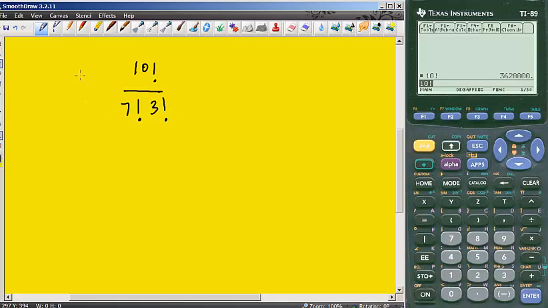This is also written as 10 choose 3. 10 choose 3. This means the same thing as that. And of course, this means the same thing as 10C3. 10 choose 3. Okay? So that is your NCR button.